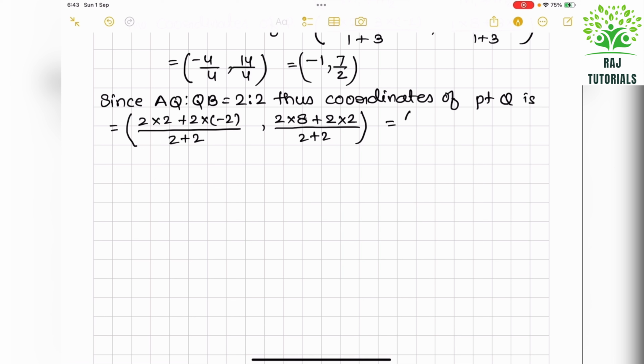So that will be equal to 0 by 4 comma 20 by 4. So that will be (0, 5).